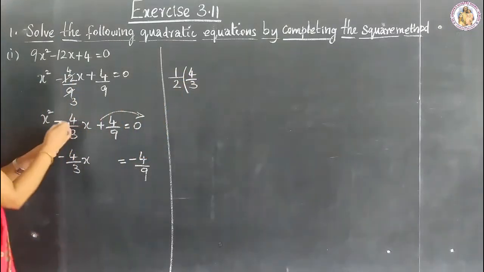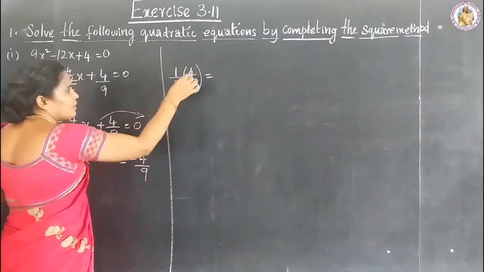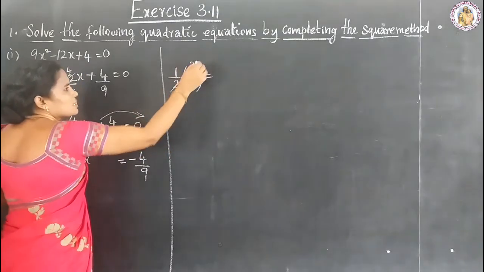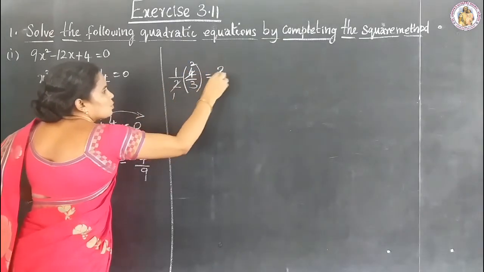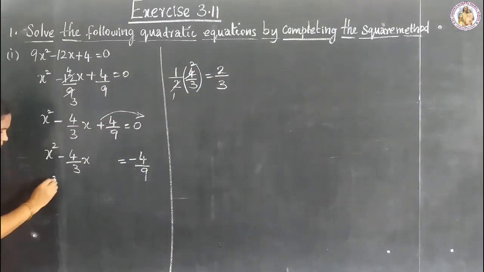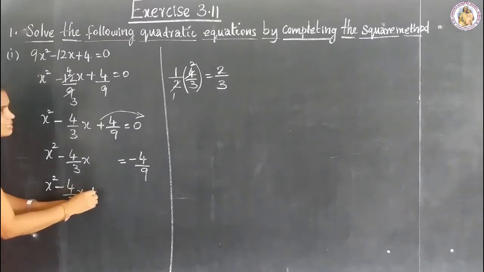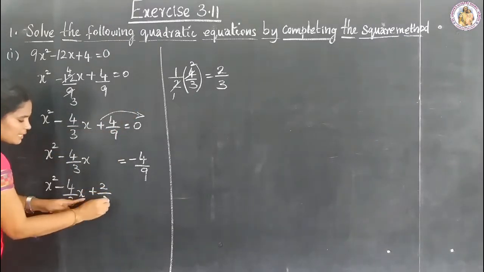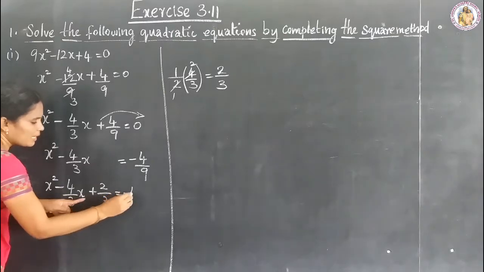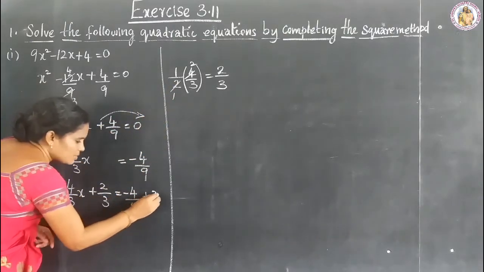The coefficient of x is 4 by 3, so 1 by 2 of 4 by 3 is 2 by 3. Add 2 by 3 squared to both sides: x square minus 4 by 3 x plus 2 by 3 whole square is equal to minus 4 by 9 plus 2 by 3 squared.